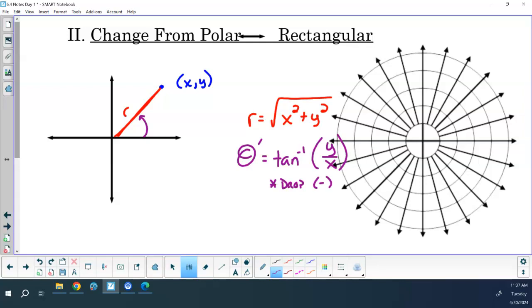And then I have to adjust which quadrant it's in, right? Okay, so that is how you go rectangular into polar.